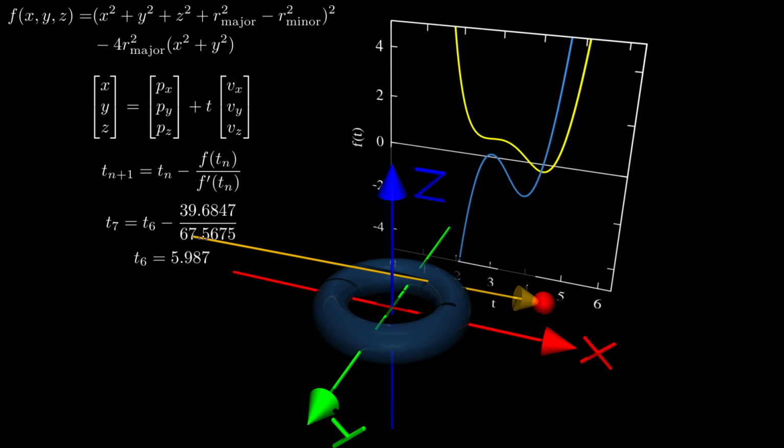So if we were to continue, we see now what happens is our point of intersection, our marker, is now coming back towards what would be actually the back face of the torus, and if we keep stepping through, we end up with a value of t of 4.5. Now that is a point of intersection, okay? That is a real root of the equation, as you can see on the plot at the back. So it's not wrong, but it isn't the root that we wanted.